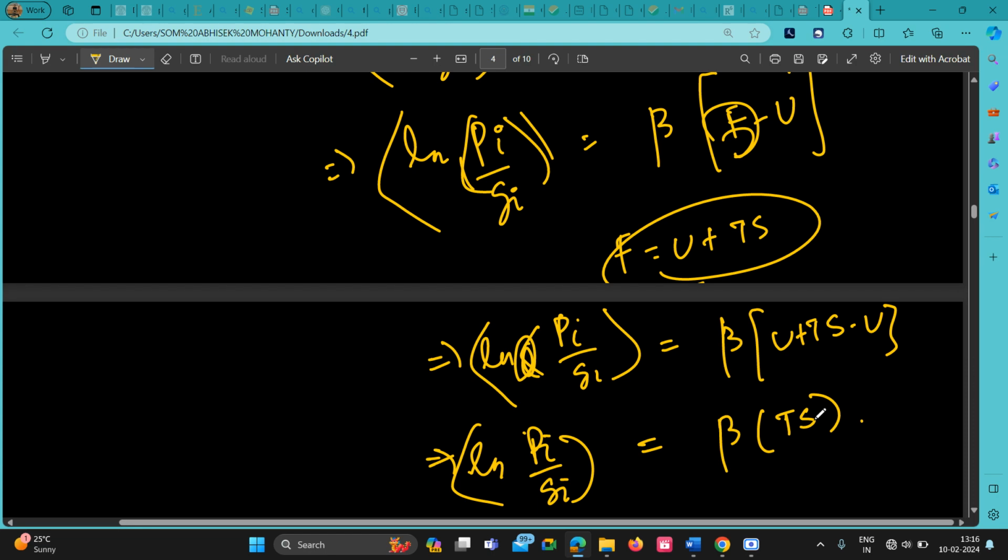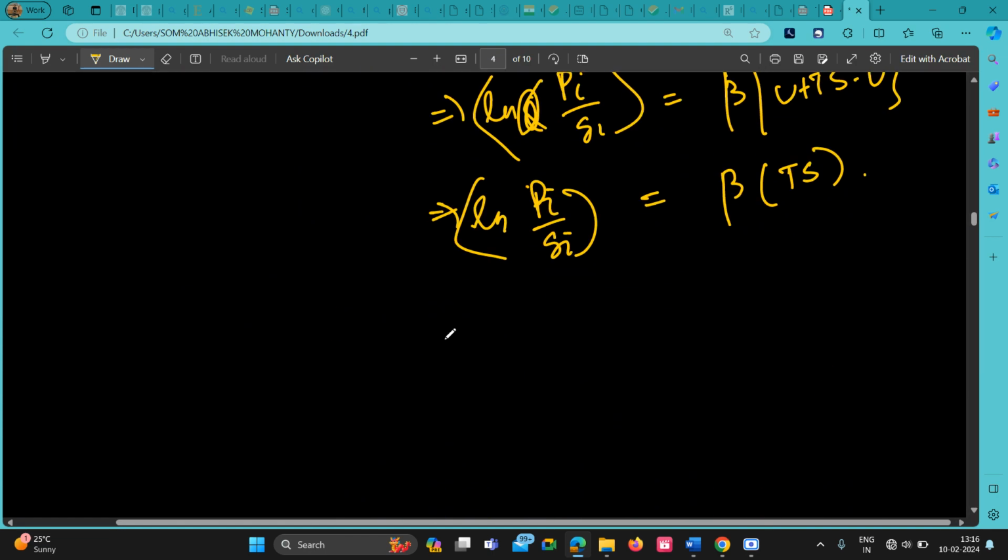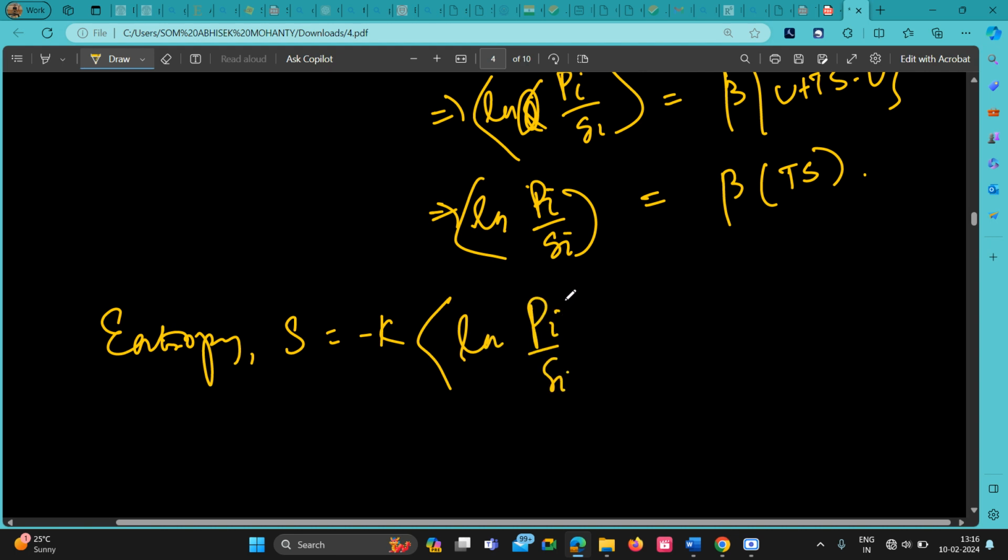Now what is the question we are asked? Entropy. We are asked entropy. Entropy S is equal to minus k ln Pi by Gi average value.